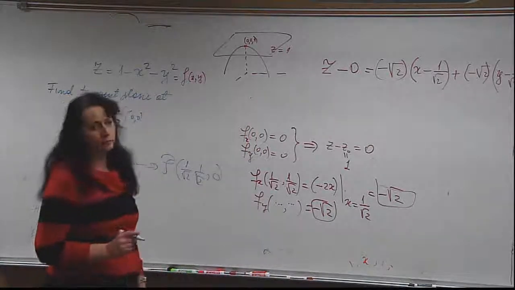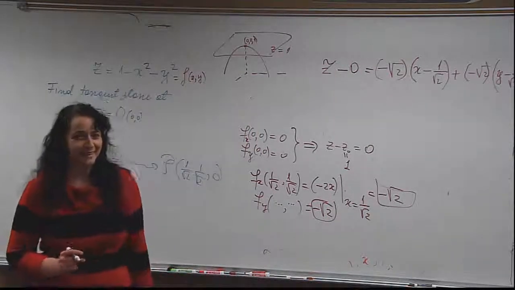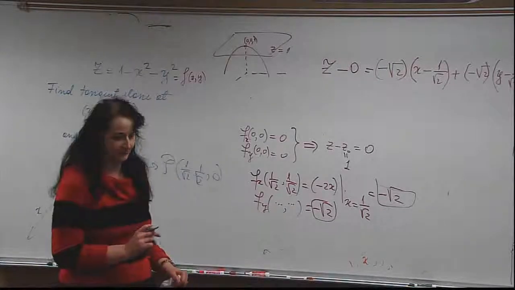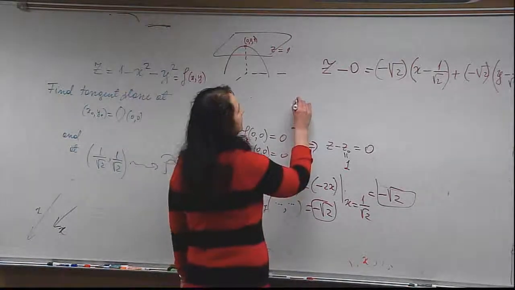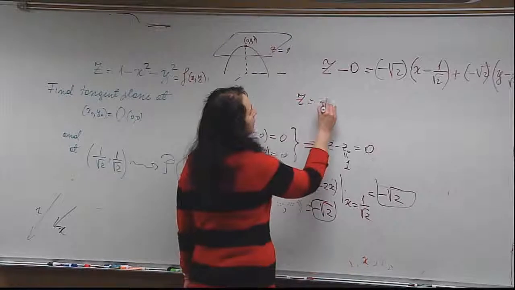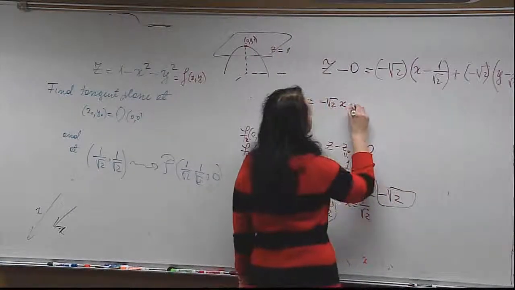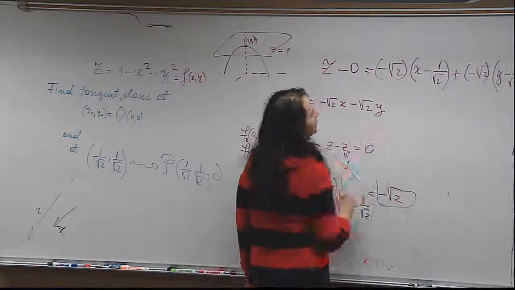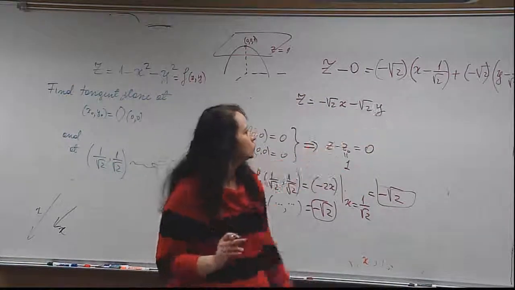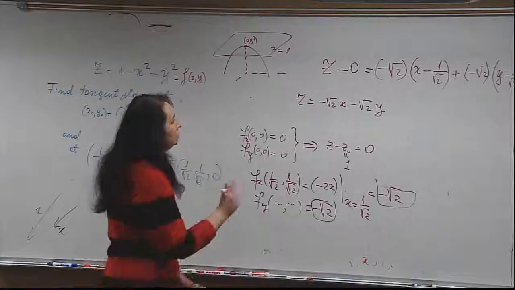Do we care to make it look more elegant? Definitely, some of you care. Z will be minus root 2 x. I want to be consistent and keep the same style in y. And the constant goes wherever you want to go at the end. What's that constant?